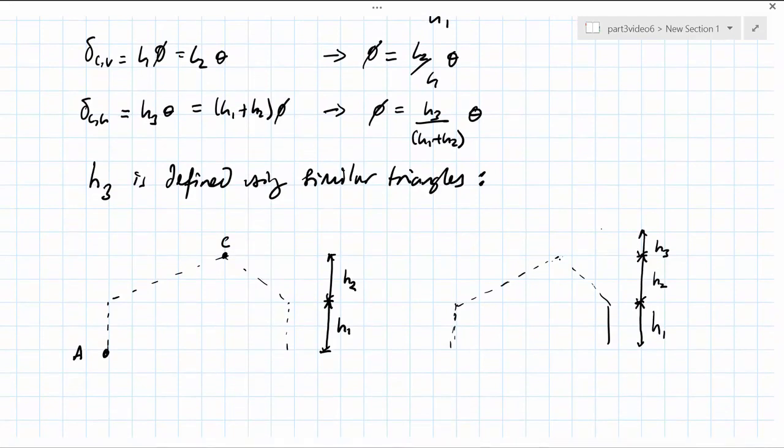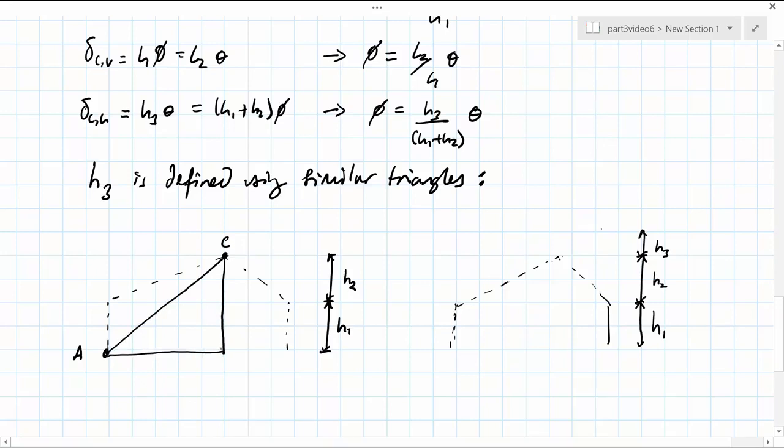So we do know that we can construct a triangle inside the structure, drawing a diagonal line from A to C. We know then that the base of this, as defined by the structural geometry, is given by L1, and the height of it is given by H1 and H2.